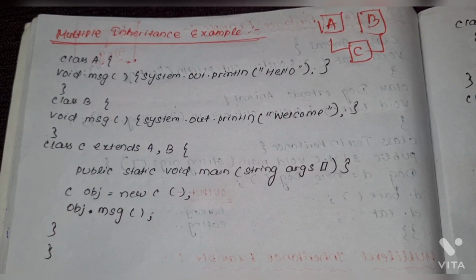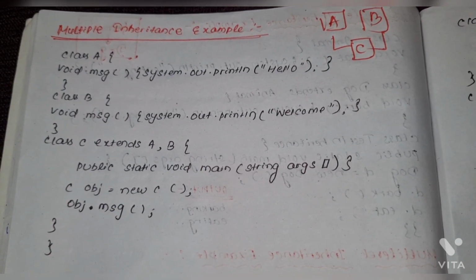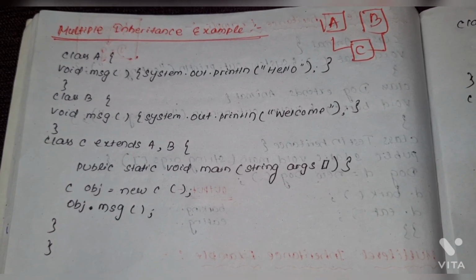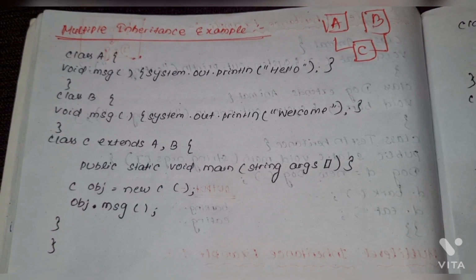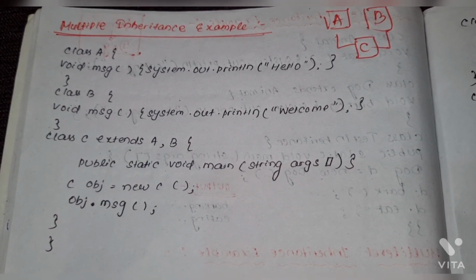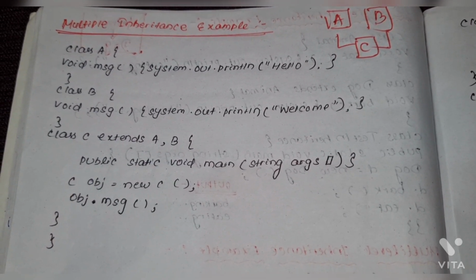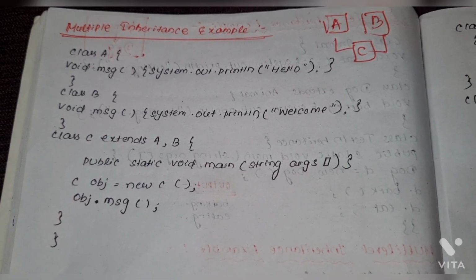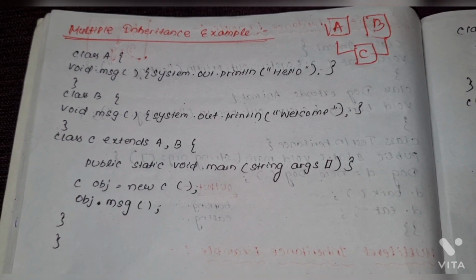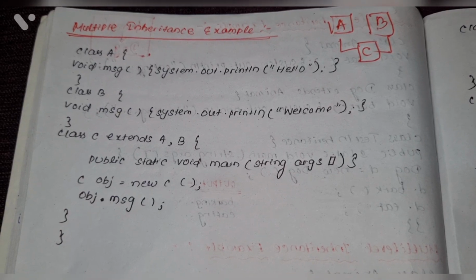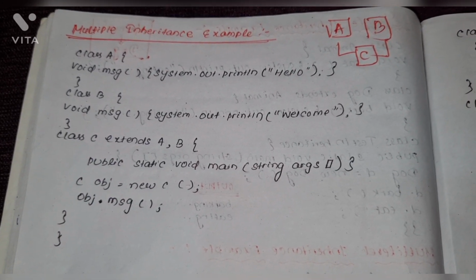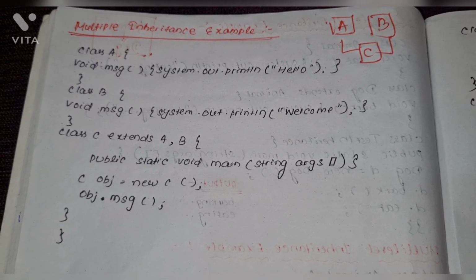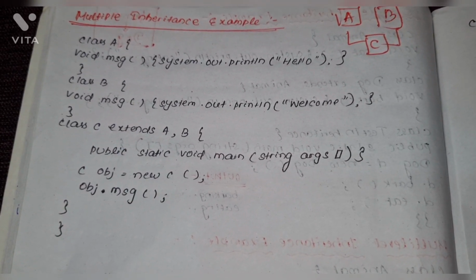Now I'll describe why multiple inheritance is not supported in Java. You can clearly see an example where there are two parent classes A and B, and I have given one derived class, this is C. Actually, to reduce the complexity and to simplify the language, multiple inheritance is not supported in Java. I am taking an example with three classes A, B, C. The class C inherits A and B classes.